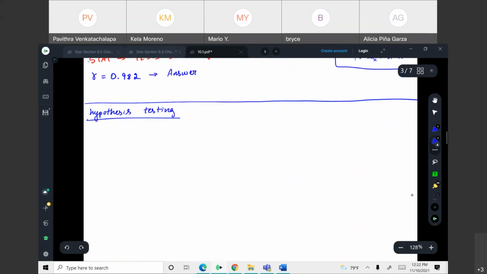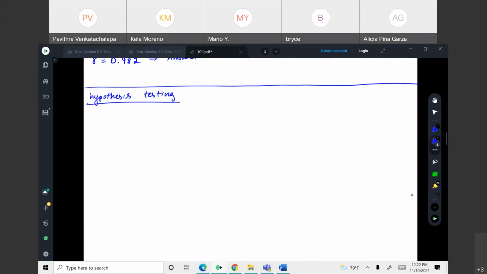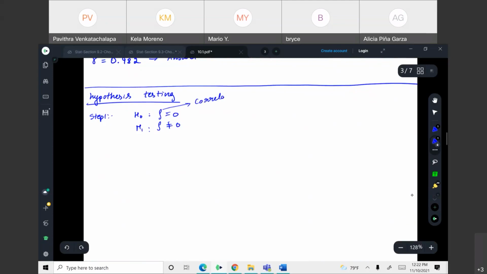I will teach you this and you can do the rest of the example on your own. Now, step 1, we will write H0 and H1 as rho equal to 0, rho not equal to 0. Rho in the sense we are finding correlation, so this is called rho.